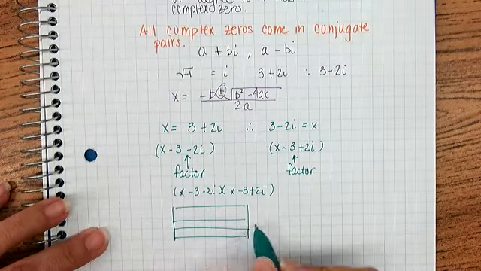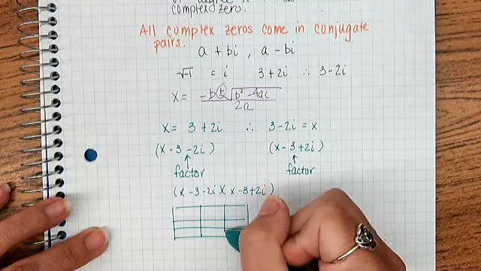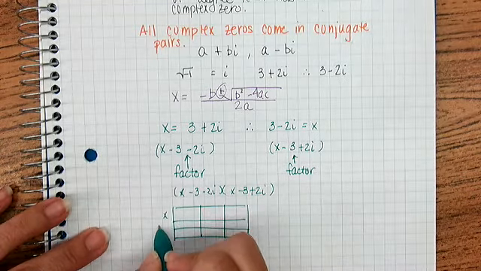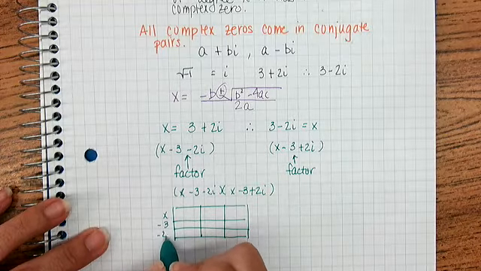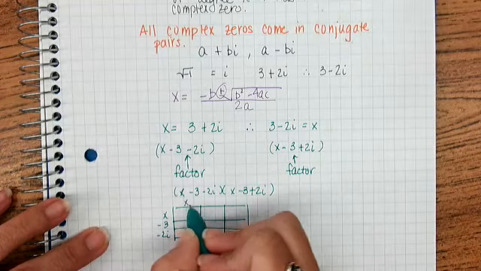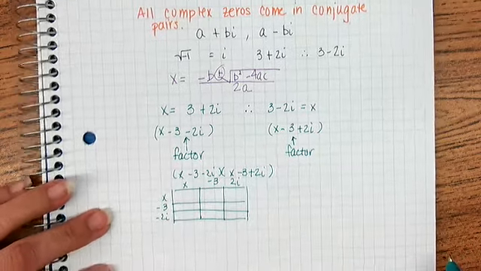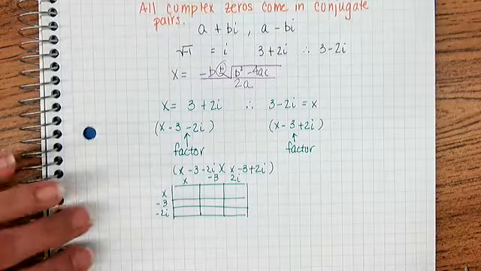Didn't leave myself quite enough room. This is a very small box. Sorry. x minus 3 minus 2i, x minus 3 plus 2i, and you fill in the box. I don't care which way you do it.